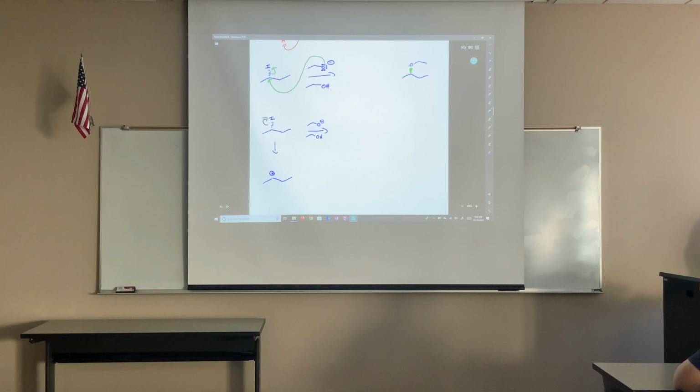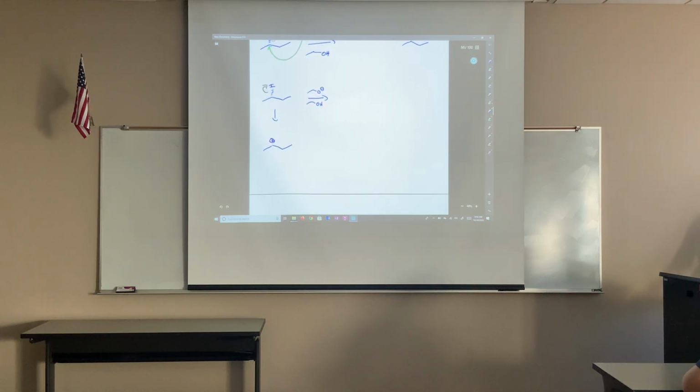Leaving group leaves. A base is going to come along and grab the hydrogen next door. More likely it's going to be this guy, given the situation.